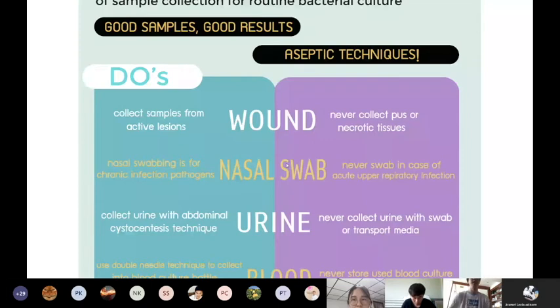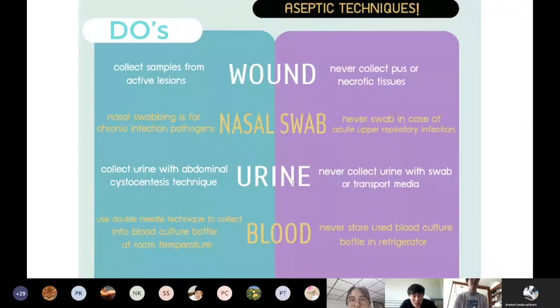And the second sampling site is the nasal swab. Nasal swabbing is for chronic infection pathogens, which is more than 10 days, with other systemic signs such as fever or anorexia. The bacteria usually found in chronic infection might be a secondary infection from fungal or tumor. So after we collect the bacterial sample, we have to diagnose for the further primary cause as well.